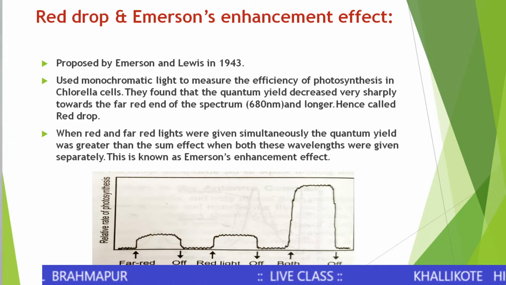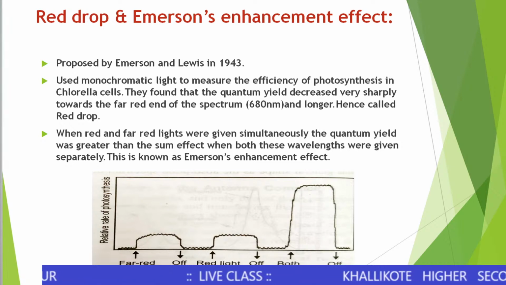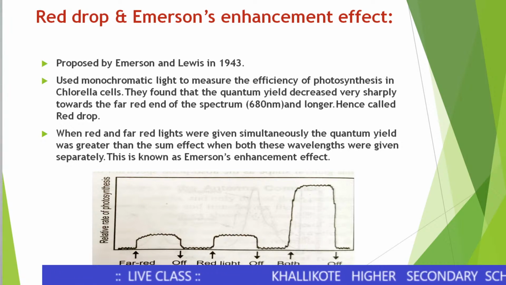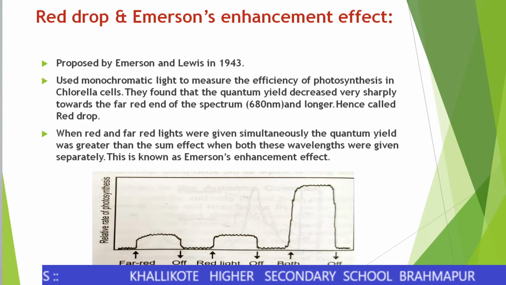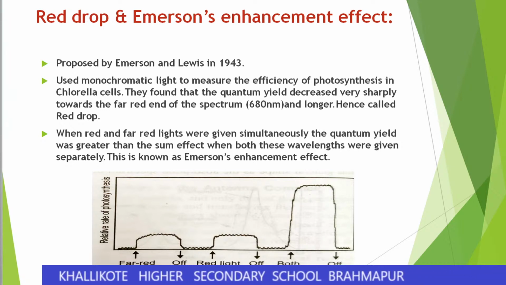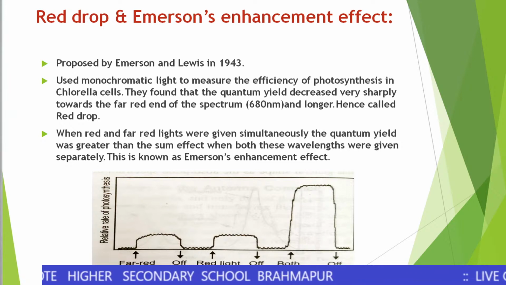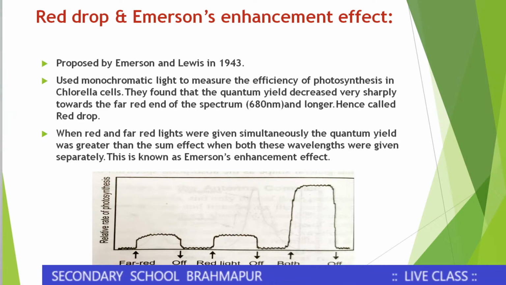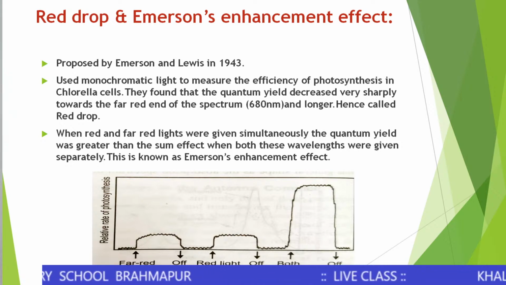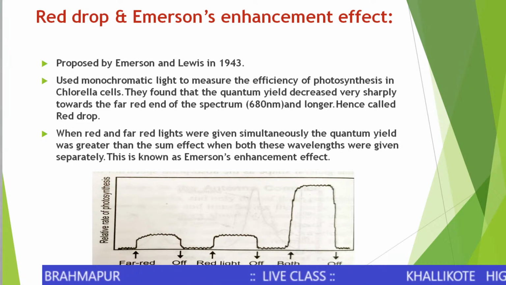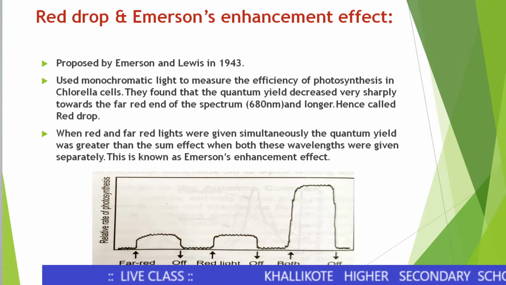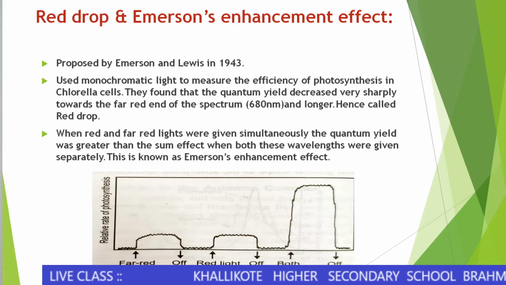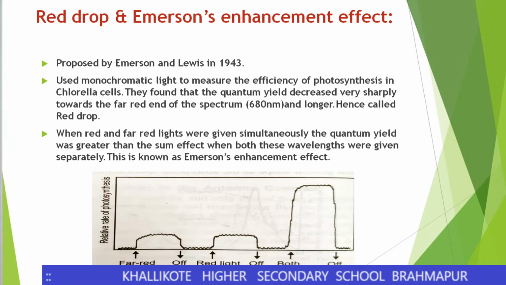So when they started with, say, 650 nanometers, then 660, 670, and they went on increasing the wavelength, they found that the amount of oxygen that was liberated, or the amount of O2 released, or quantum yield, sharply decreased when the wavelength was increased from 680 nanometers and longer.